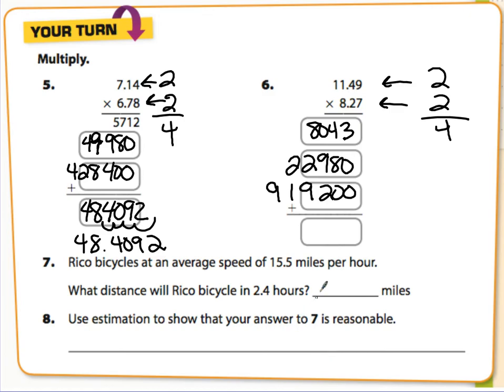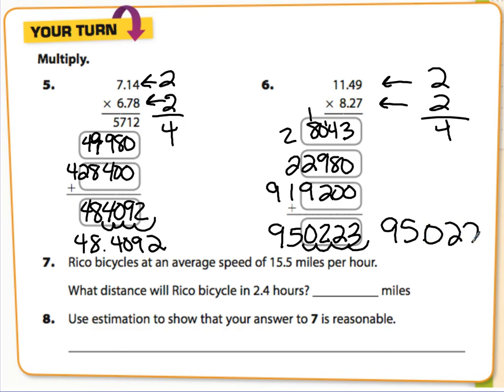Then when you added, so we got 3, 12, carry the 1, 9, 10, 11, 12, carry the 1, 9 and 1 is 10, 8 and 2 is 10, so that's 20, carry the 2, 2, 4, 5, and then 9, and then again move it 1, 2, 3, 4 places to the left, so you get 95 and 223 10,000s.